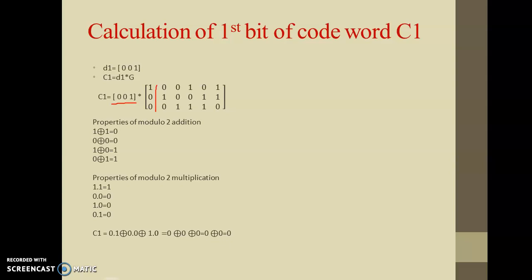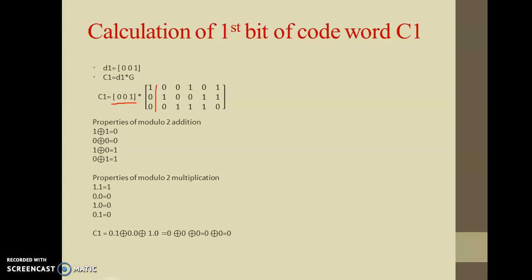So instead of normal arithmetic addition and multiplication, here we are considering modulo 2 addition, which is XORing, and modulo 2 multiplication, which is ANDing. So let us consider the first bit calculation, that is D1 into the first column of the generator matrix.